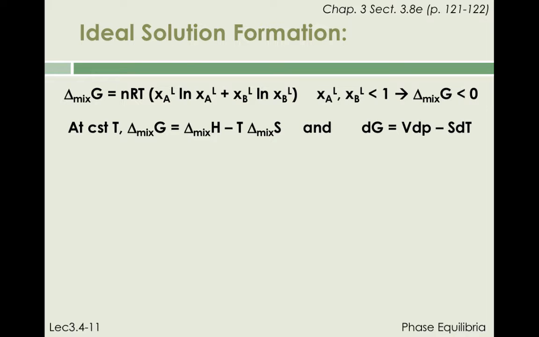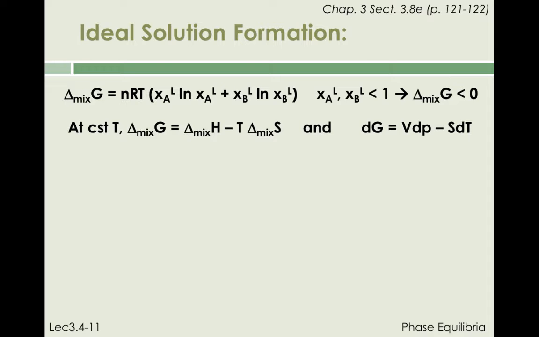The full expression of dG, that is VdP minus SdT, simplifies to dG equals minus SdT. This equation implies that S is equal to minus dG divided by dT. That is, the entropy is minus the derivative of the Gibbs energy with respect to absolute temperature.